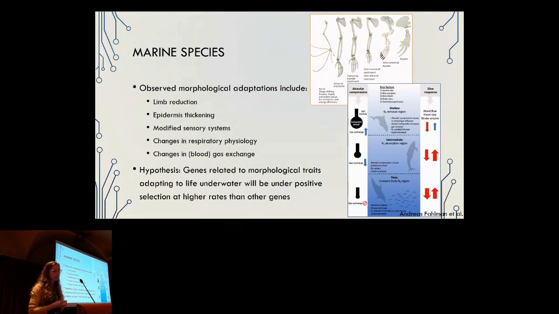Our hypothesis was that genes related to these morphological traits of adapting to life underwater would be under positive selection at higher rates than other genes, specifically in the marine mammalian species, but not in the terrestrial mammalian species. To do this, we used the data from the UCSC 100-way alignment, and we only pulled from the mammalian species.